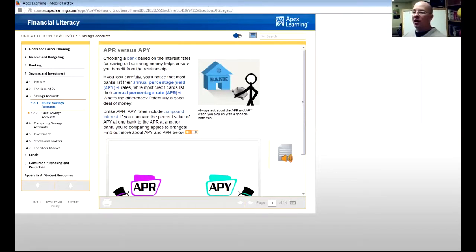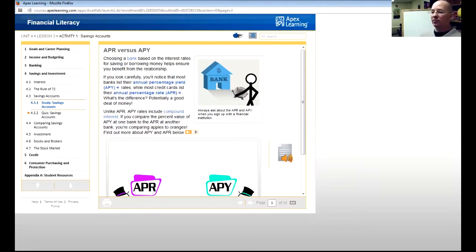First off, APY is calculated based on whatever the bank's APR is and how many times the account compounds per year. So when you're dealing with APY, it really depends on the number of times the interest rate is going to compound in any given year.